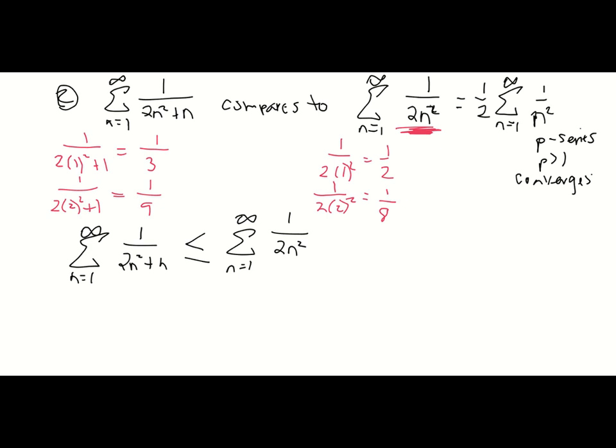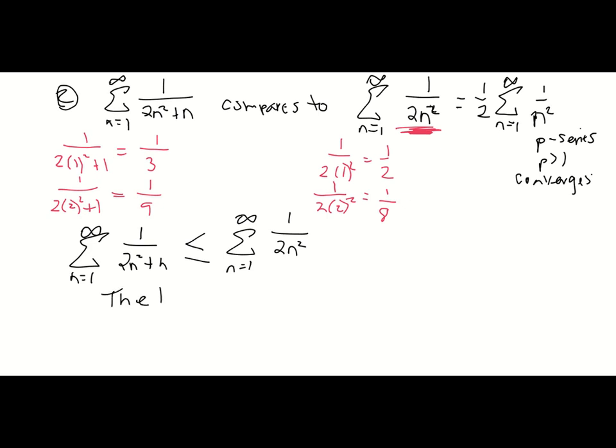So, because the larger series is converging, our bigger series is the one we compared it to, it is converging. The smaller series must also converge by the direct comparison test.